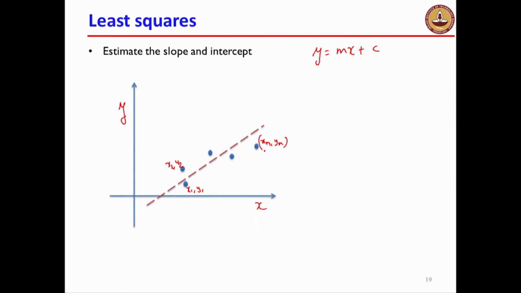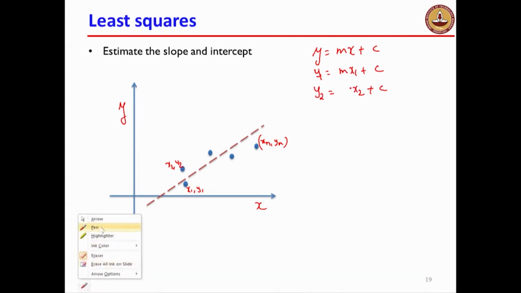So let me write down what kind of linear relationship I expect it to satisfy. So it would be y1 equal to mx1 plus c, y2 equal to mx2 plus c, yn equal to mxn plus c.